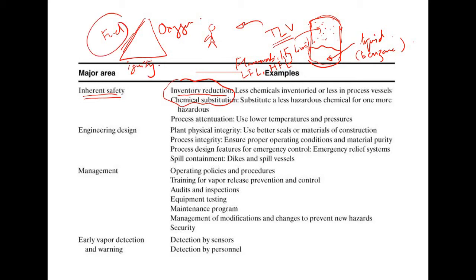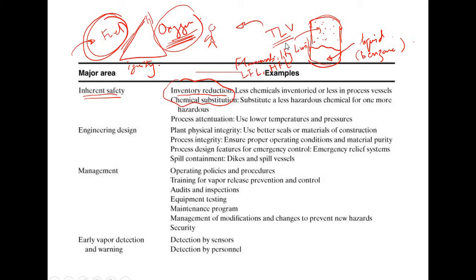Talking about the fuel, if we have less fuel, we could have less fire, or we can also prevent the explosion. Most of the time there was more concentration on reducing oxygen, and you can put off fire by taking off oxygen. But talking about safety now, it's more important to concentrate on reducing the fuel, so that you can take care of that triangle, with less inventory, and of course inherent safety.